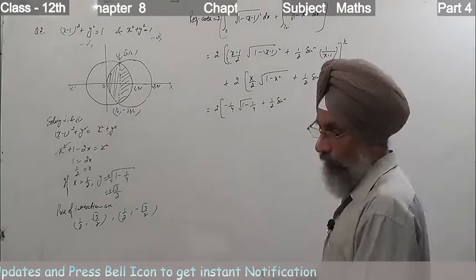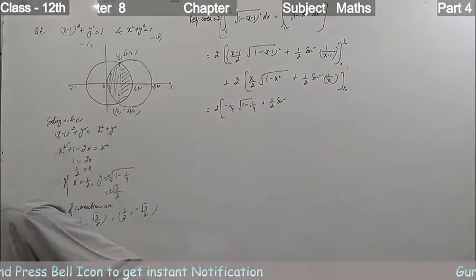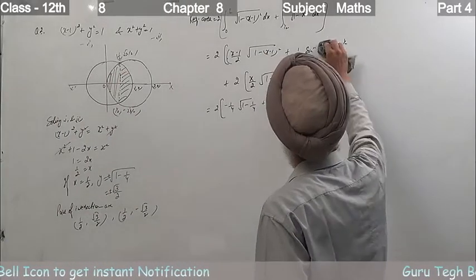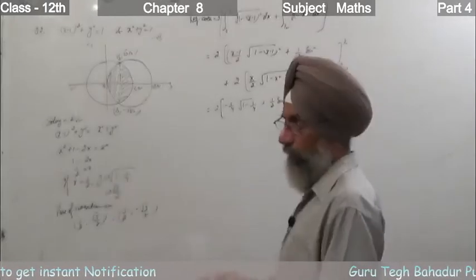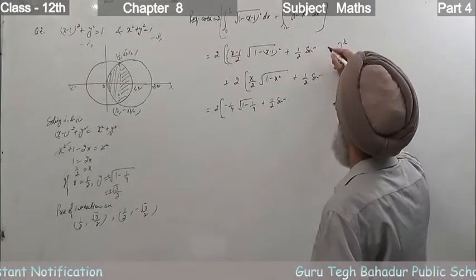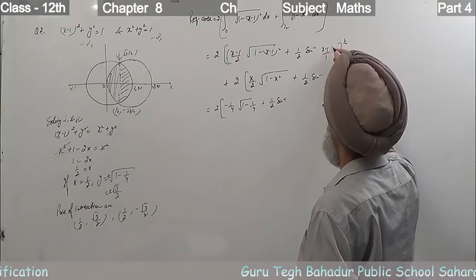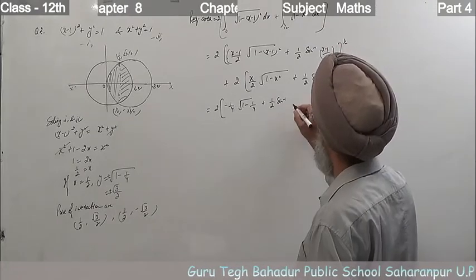It is x upon a. I have written wrong, I have to change the value here. I have placed the value wrong here. That is sine inverse x upon a, not a upon x. It's (x minus 1) upon 1. So half minus 1 is minus half.